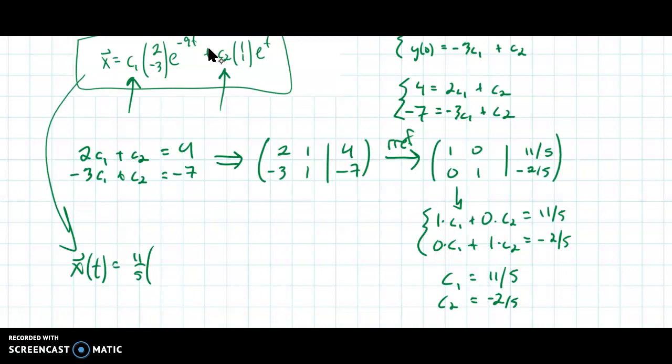Then I open my vector, 2, negative 3, e to the negative 9t, plus, minus in this case 2/5 times 1 e to the t.